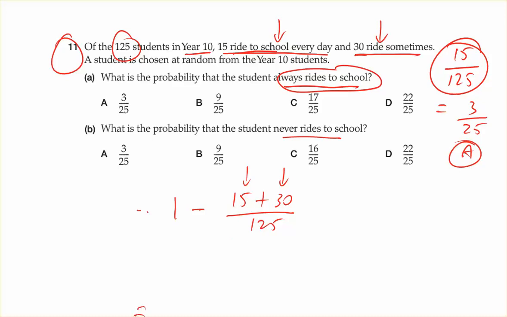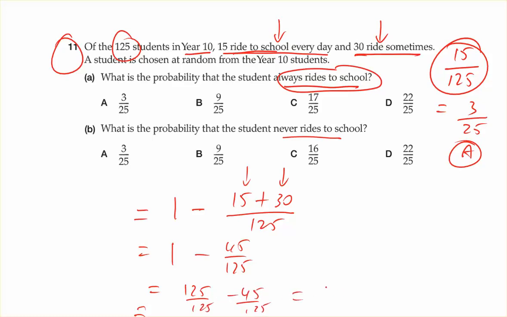So what I'm doing is I'm working out, okay, 15 plus 30 is 45 out of 125. So 1 minus that, meaning I'm going 1 is the same as 125 out of 125 minus 45 out of 125.